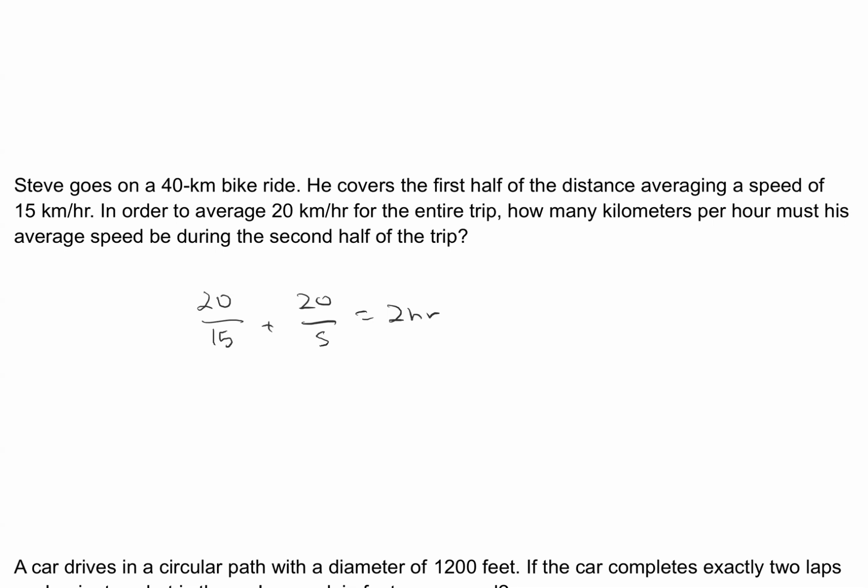And if we solve this equation, we get 20 over s equals 10 over 15, and s equals 30. So this is much nicer, right? Without having to go through all the minutes and subtracting and converting, right?